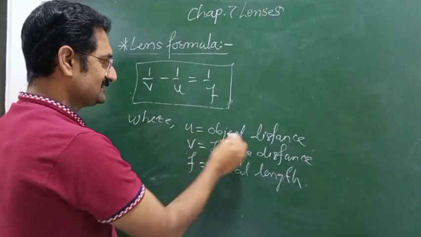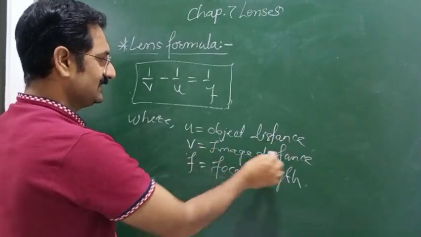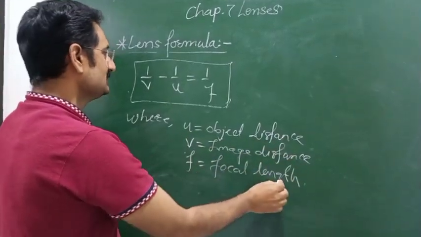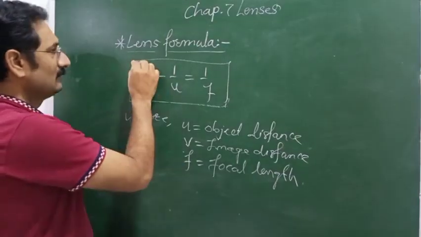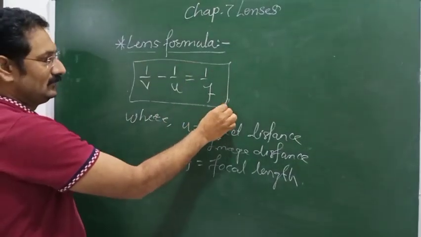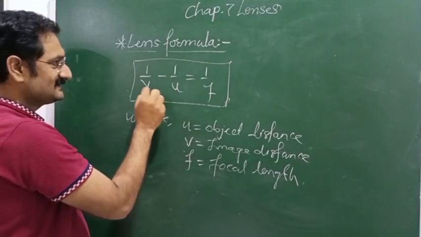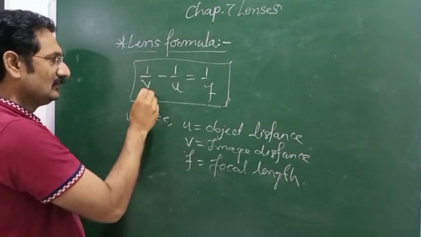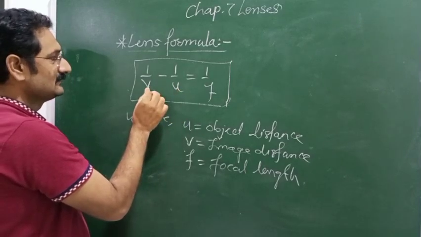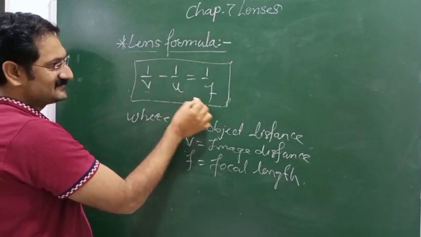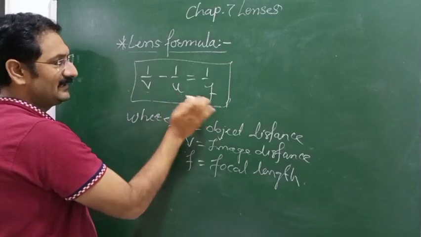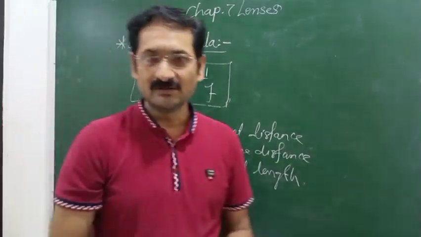Here u is the object distance, v is the image distance and f is the focal length. The lens formula is very important to calculate the focal length if object distance and image distance are given. Out of these three things, image distance, object distance and focal length, if two are given, we can calculate the third.